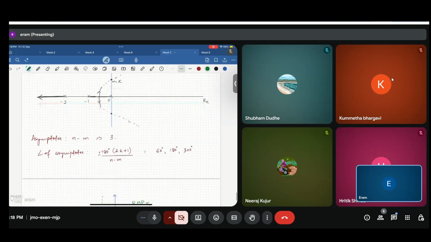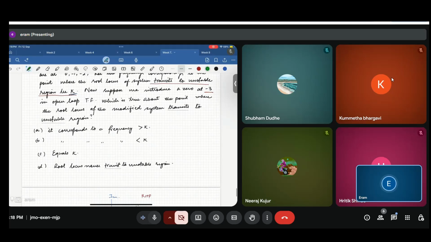Then which option can you choose among these four? Is there any point on the root locus where the system will transit to the unstable region?